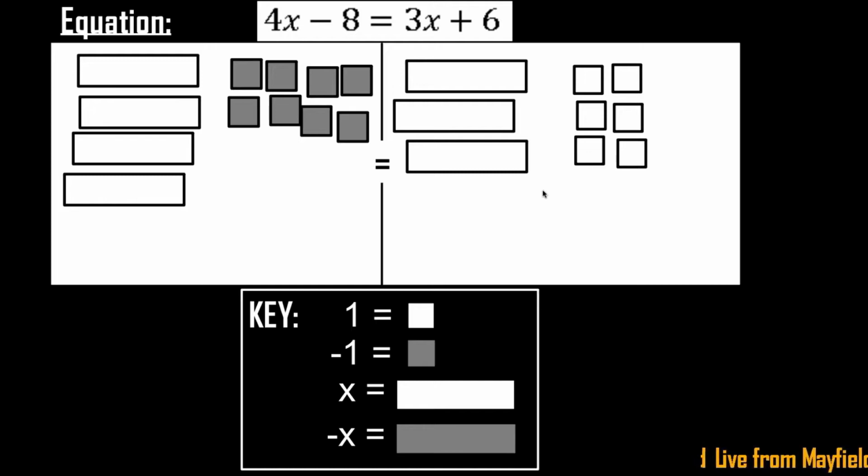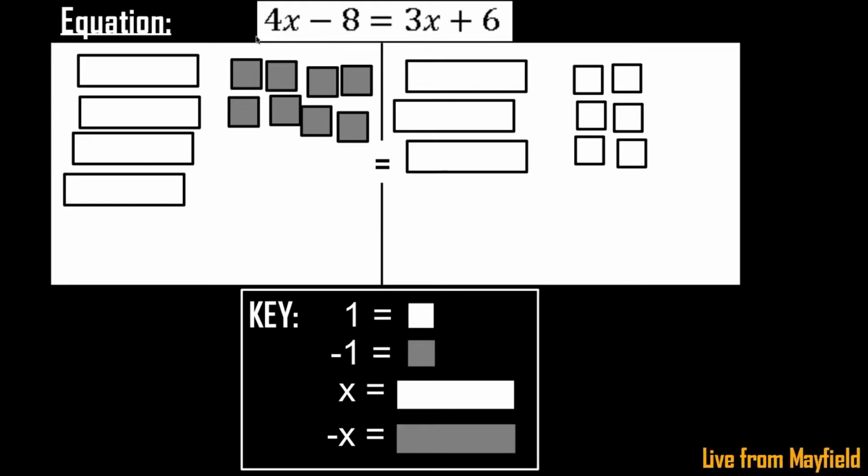So now, how do we balance this equation? You always want to look for the lowest coefficient, the number or value attached to your variable. Your coefficient on the left side is a 4, and on the right side it's a 3.